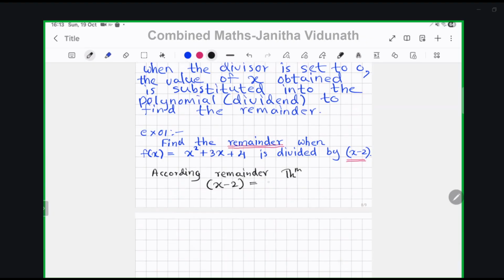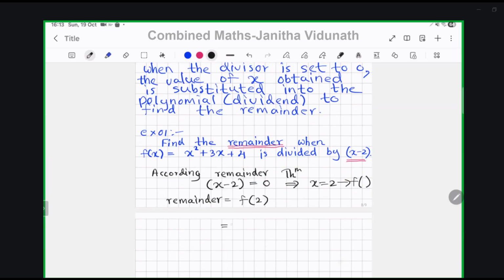That means x minus 2 to 0. From there, we get x equal to 2. After that, we need to plug this value into our function, that means our dividend. That means our remainder should be f(2).